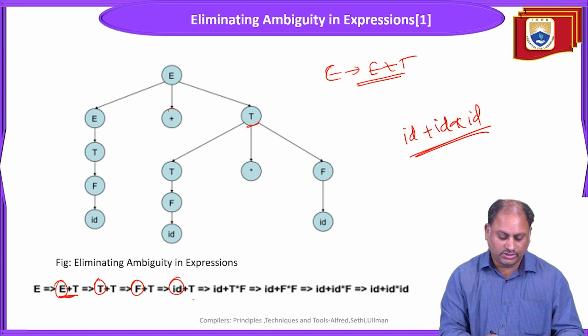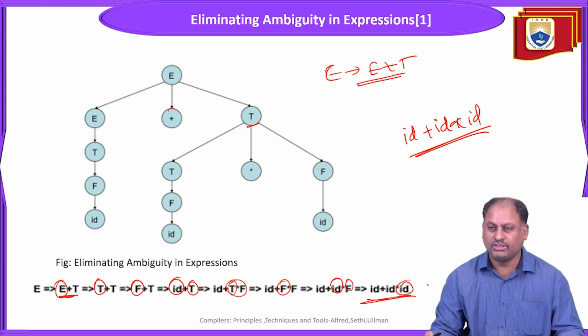And the next derivation we applied, T derives T star F. Then T derives F, and F derives ID, giving ID plus T star F, where T derives T star F, and T derives F, and F derives ID, and then F derives ID.